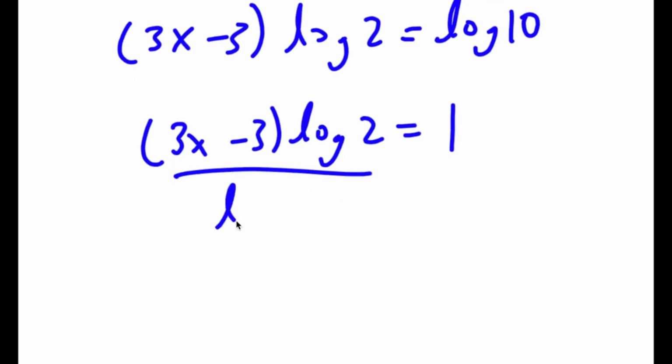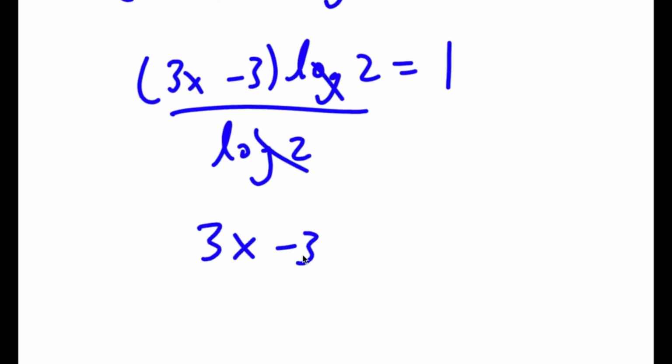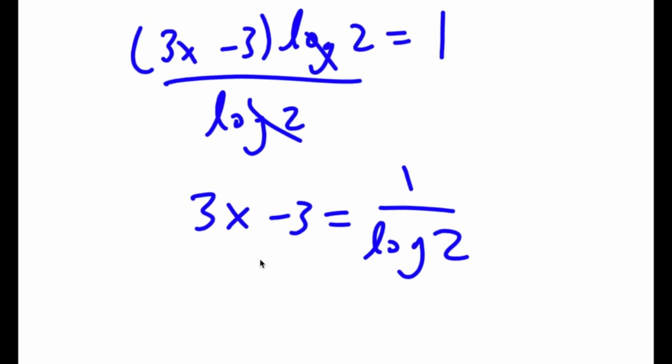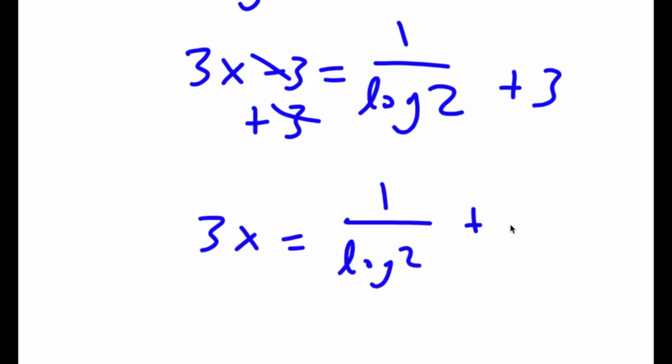Now, if I divide both sides by log 2, these two cancel out, and I get 3x minus 3 is equal to 1 over log 2. Now, if I add 3 to both sides, these two cancel out, so I get 3x is equal to 1 over log 2 plus 3.